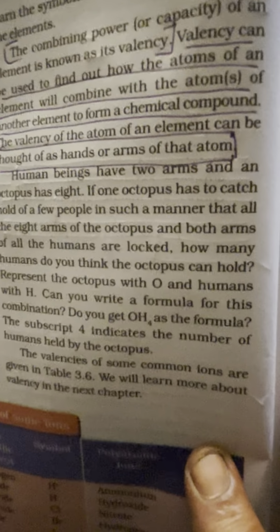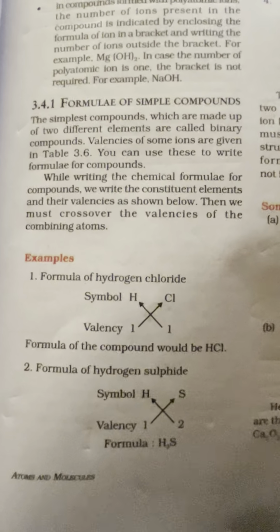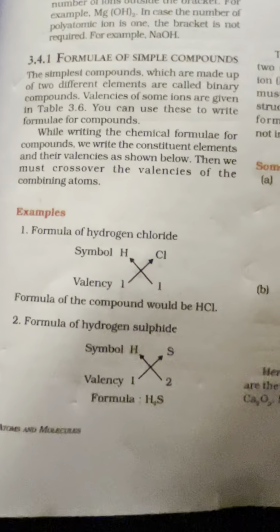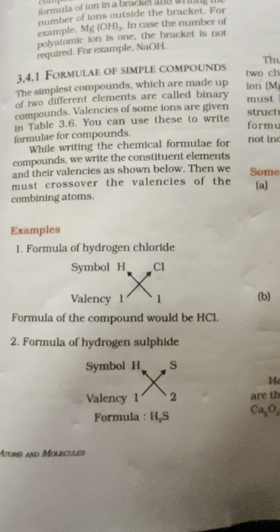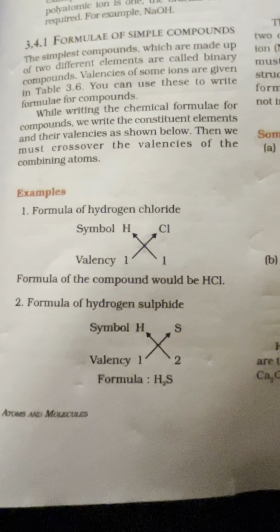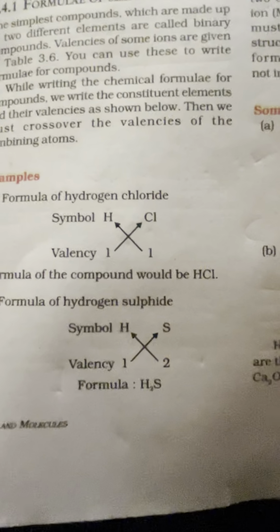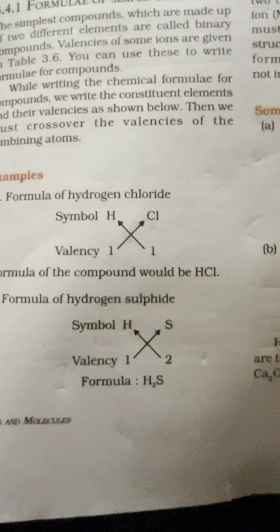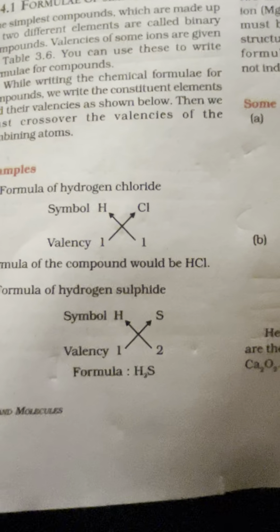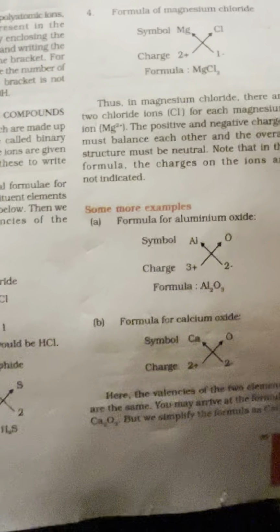Now we are going to the next point, the formulae of simple compounds. Formula of hydrogen chloride, HCl. Both ways the valency is +1 and -1, so we write HCl. Formula of hydrogen sulfide: sulfur is -2, hydrogen is +1, so we write H2S to balance the charges.